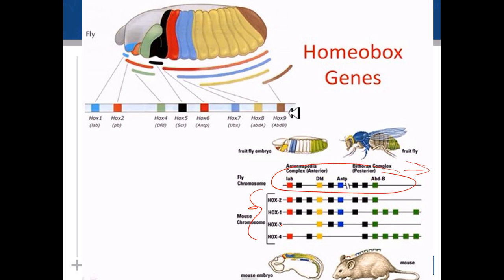However, if you're looking at vertebrates, what we see is that this entire group has been duplicated and now can be found located on 4 different chromosomes. All of the homeobox genes are similar on those 4 groupings, but each is slightly different. Similar genes in different clusters, by the way, are called paralogs.